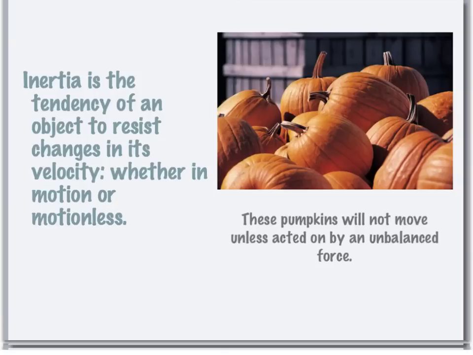Inertia is a word basically describing something's predisposition or something's affinity or its need. So inertia is basically an object's need. Need is a really strong word, but it's predisposition or affinity to stay the way it is.